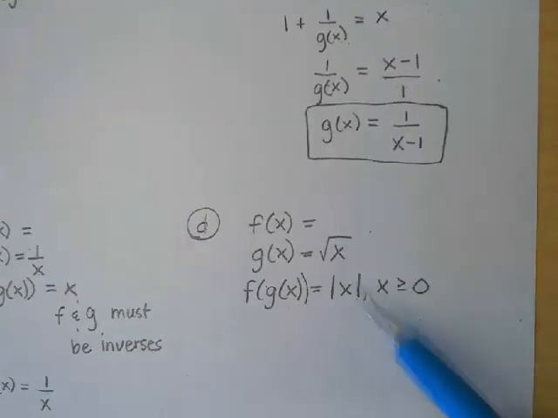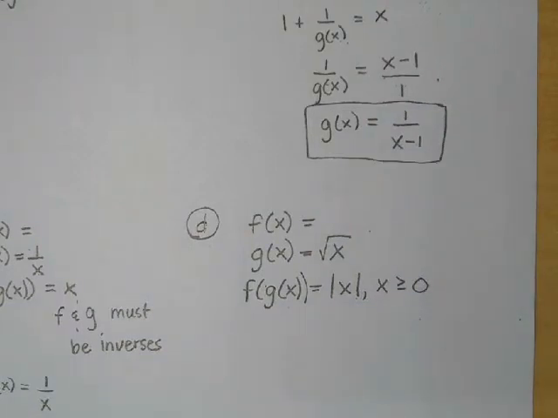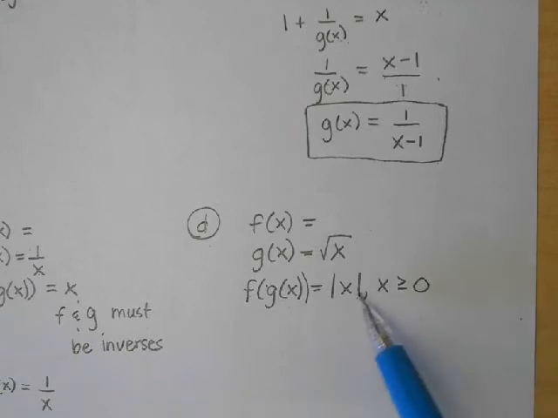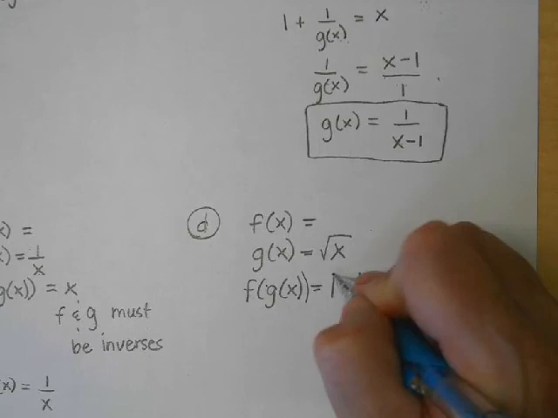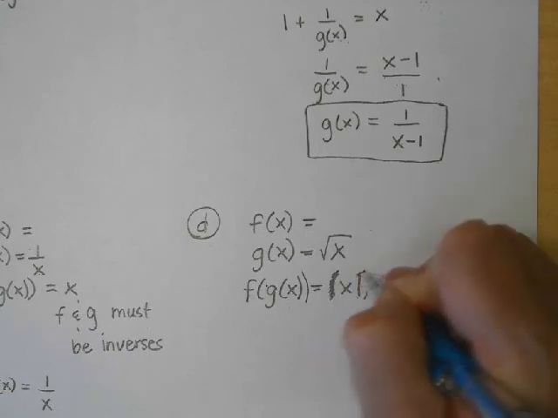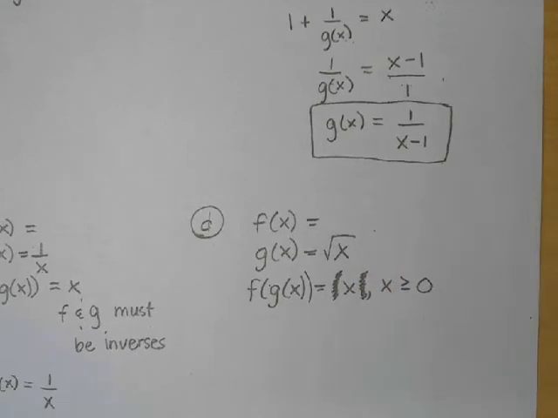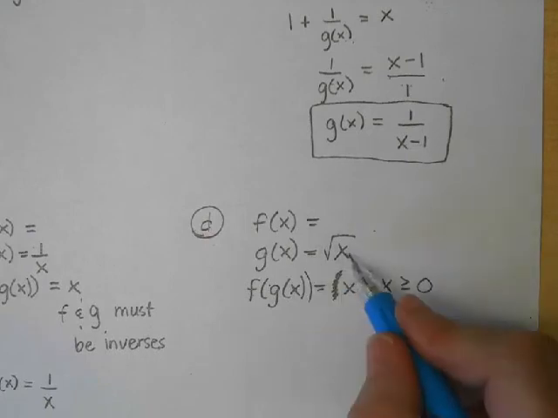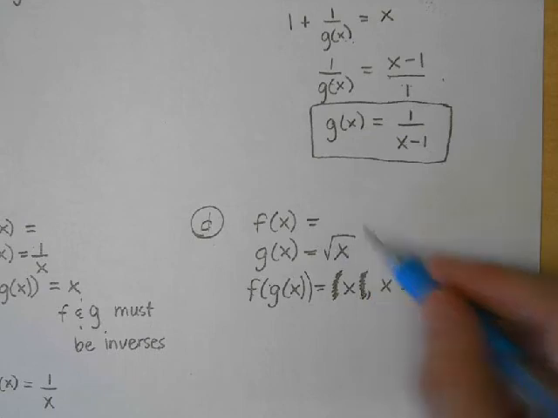Okay, so here's another case where I know that these have to be inverses of each other. Now, I got this problem from your book, and I'm not seeing that we have to have absolute value bars on there. Let's look at why. If g of x is equal to the square root of x, let's do the same thing again.